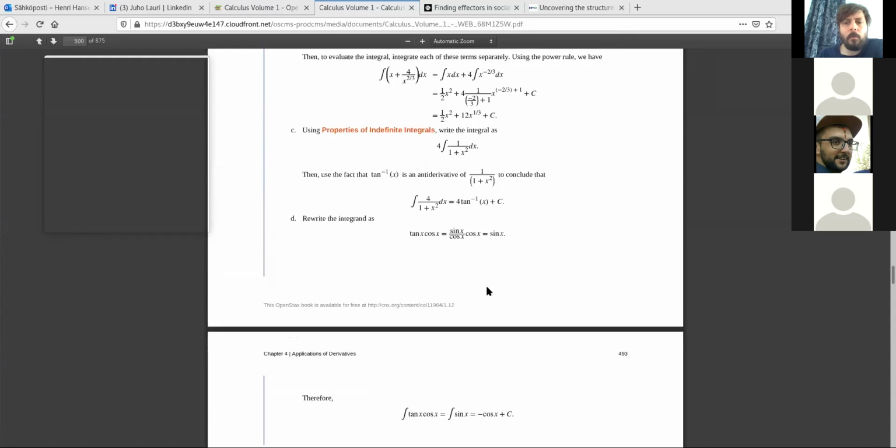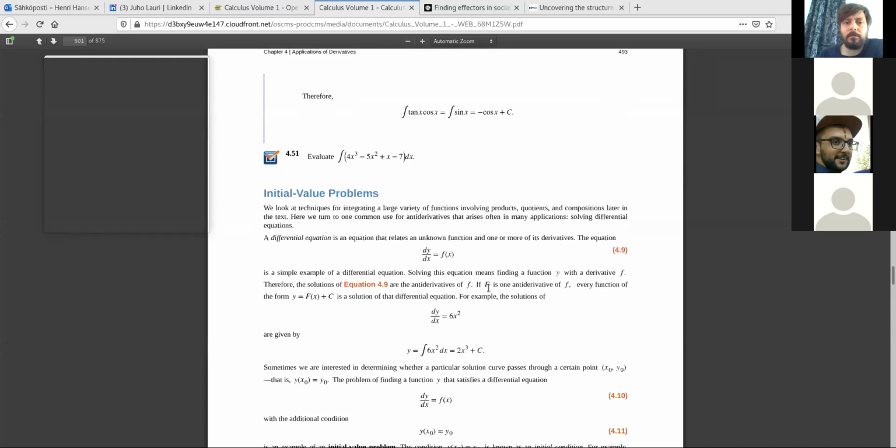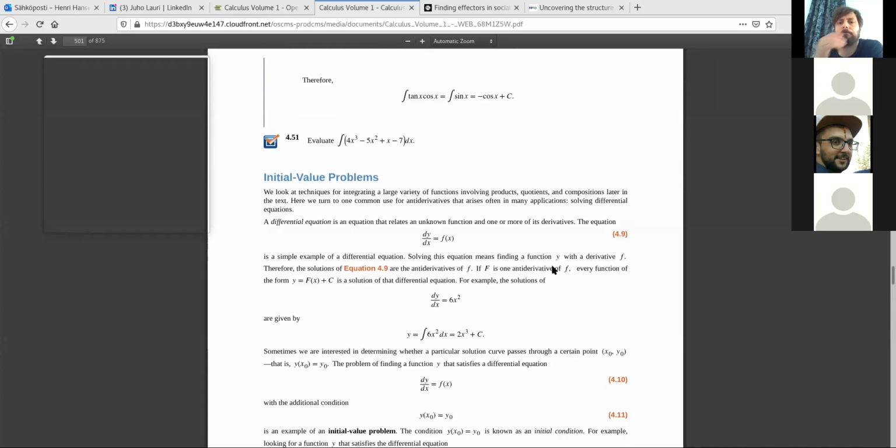But we will encounter later what we call a differential equation. And, you know, differential equations are the salt of the earth, if you will, of continuous mathematics and analysis.